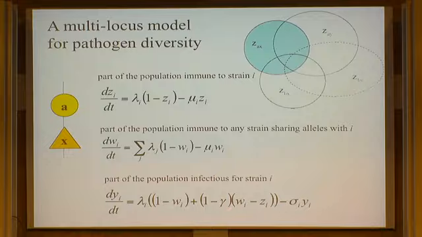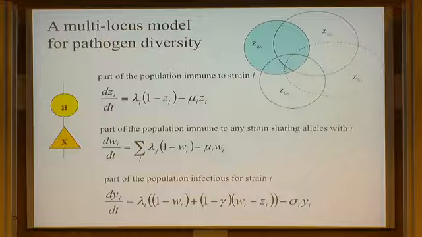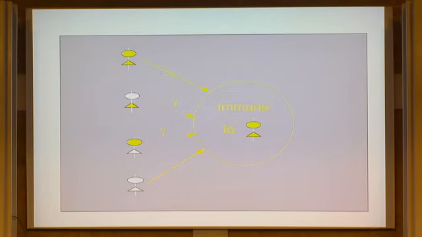And just like in the very simple single locus model, you can modify that. You can include the strength of that immunity by modifying their infectiousness with the term 1 minus gamma, where gamma is the measure of the cross protection between strains that share alleles, and therefore is a proxy for the intensity of immune selection operating at these loci. So this is just a way of summarizing that central assumption.